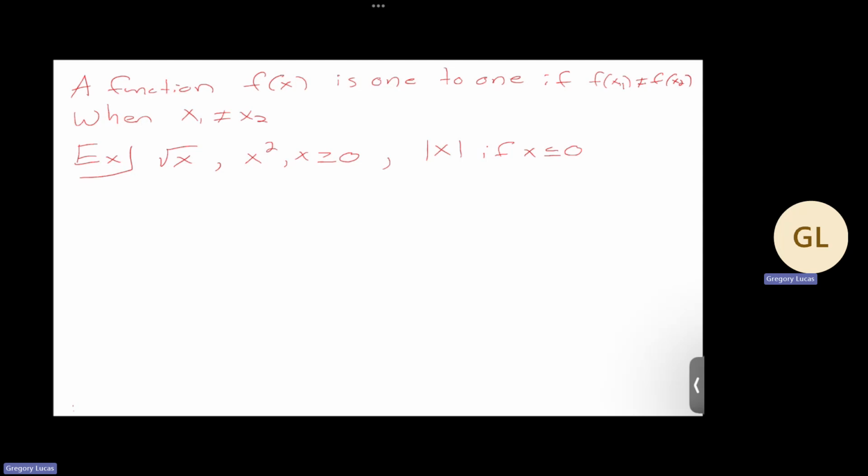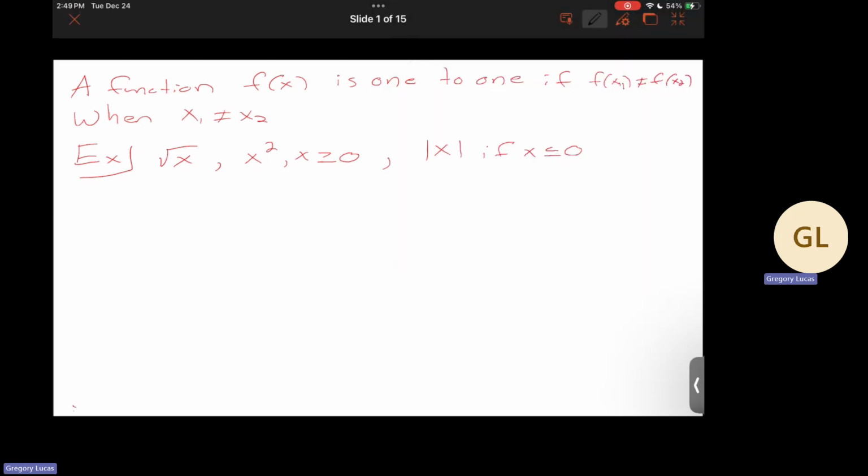So let's define an inverse of a function. Let's suppose f is one-to-one on a domain D. So on a specified domain, we have a one-to-one function.